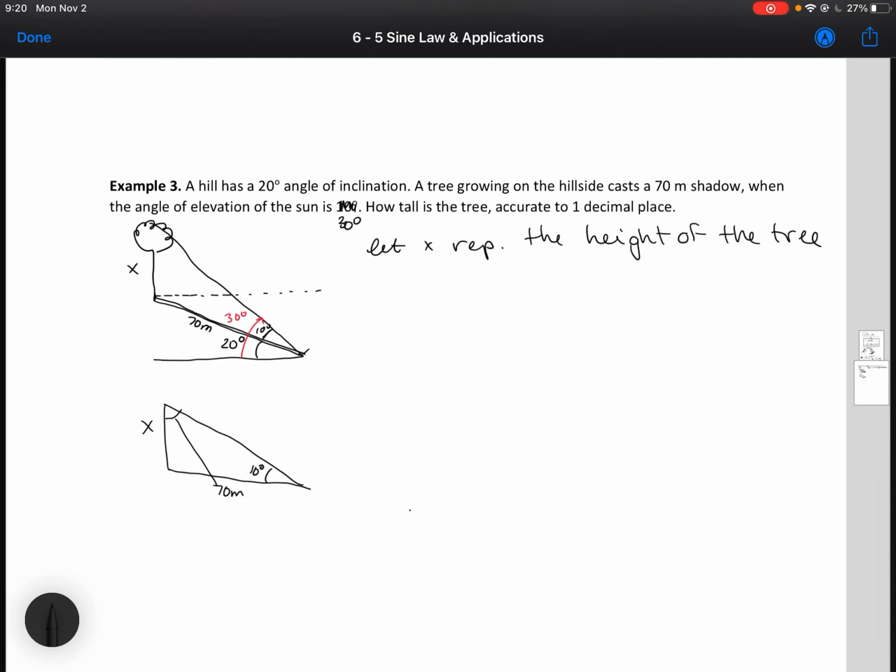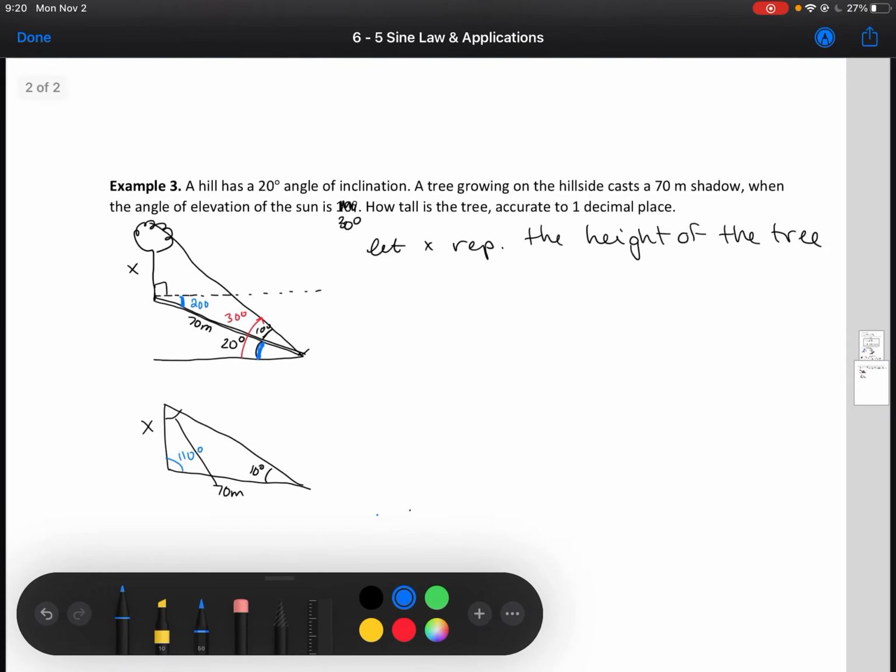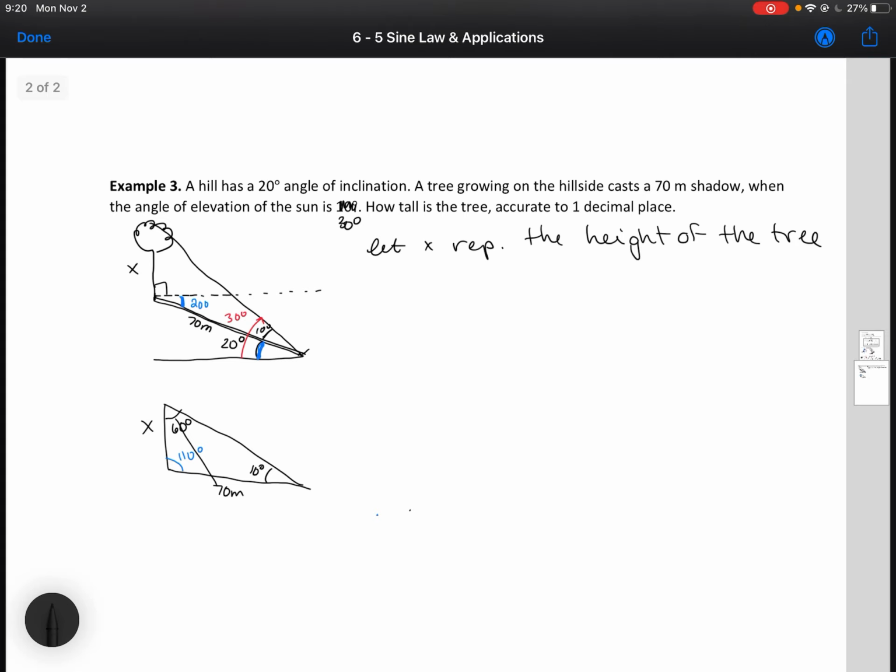Well, if I draw a horizontal line right here, I know that on this side is 90, and I know that I've got two parallel lines, so that means this angle here and this angle here must be equal to each other. So then I know that this whole angle down here is going to be 110, and that's going to allow me to figure out this angle out here, which is going to be 60 degrees.